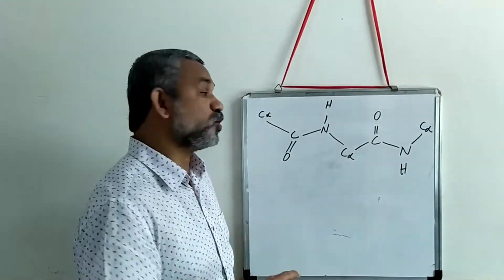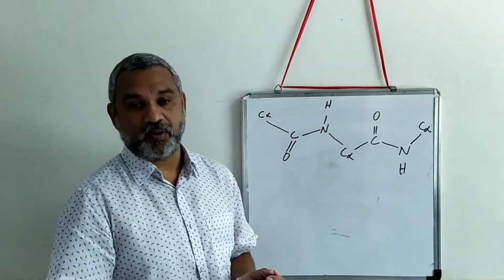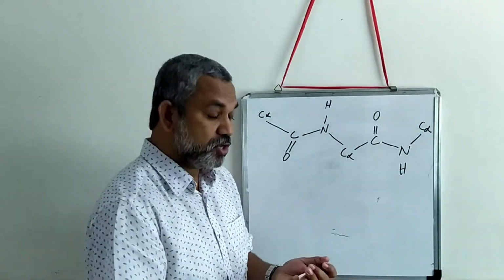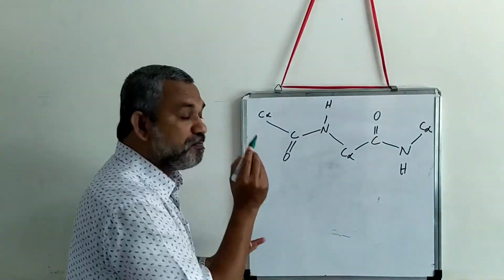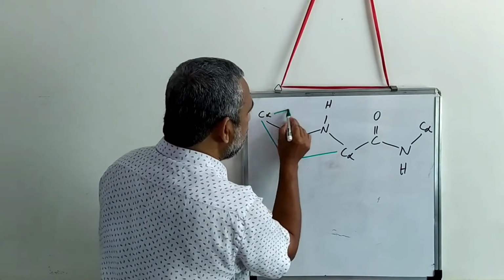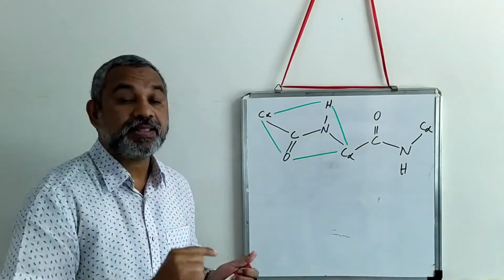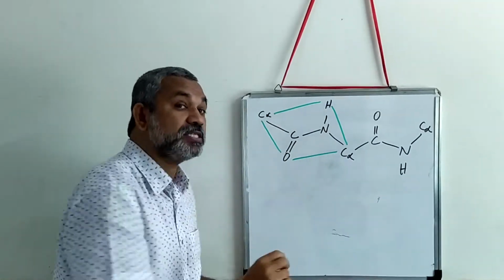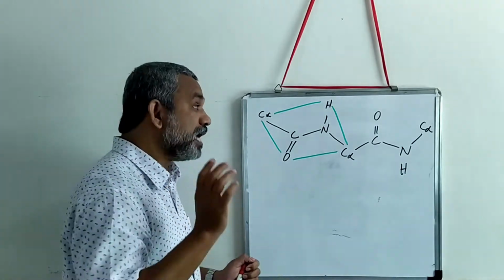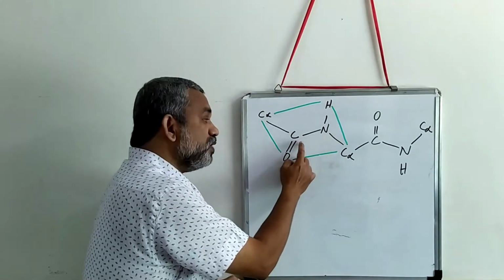Two peptide bonds are drawn here. Here is one peptide bond and here is another peptide bond. Let us try to understand the dihedral angles. So let us create the planes. One plane will be formed from one C alpha to the next C alpha. We have learned why we are forming the plane: the peptide bond has a partial double bond character, because the lone pair of electrons on the nitrogen shifts the bond.